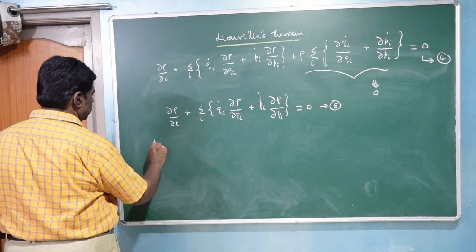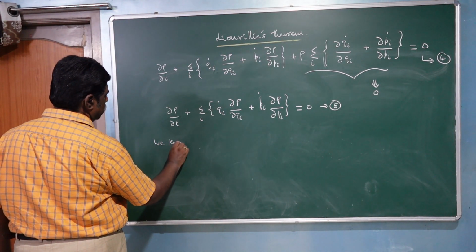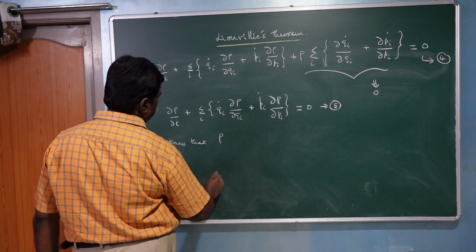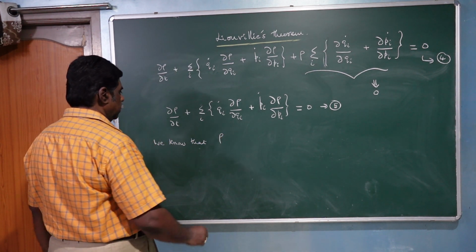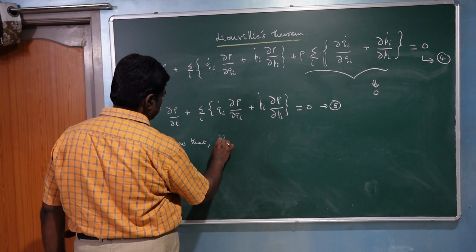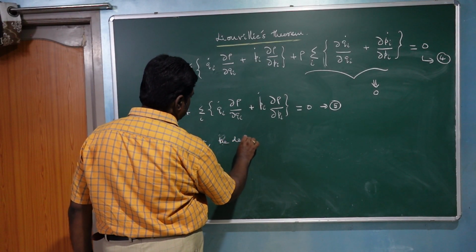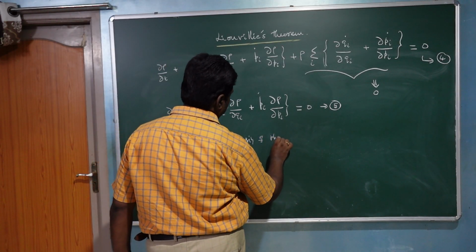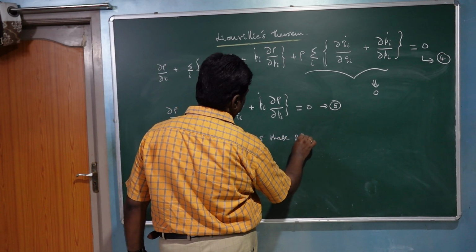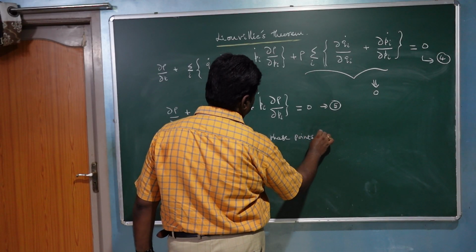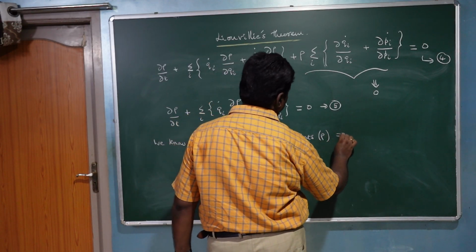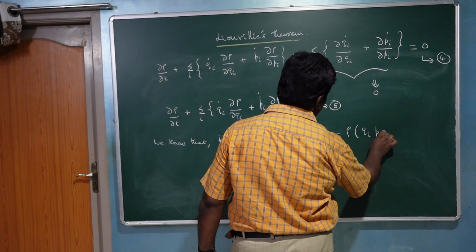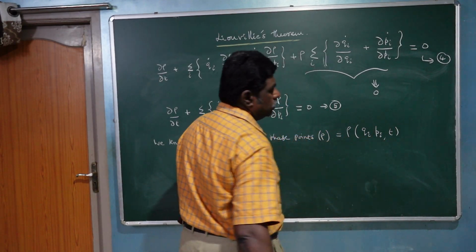We know that rho, the density of phase points, is a function of qi, pi, comma t.